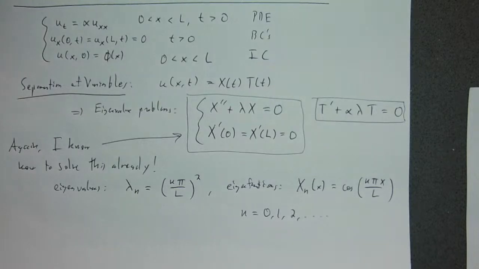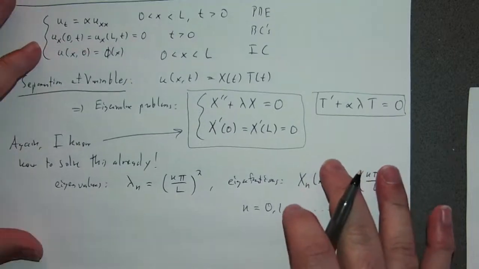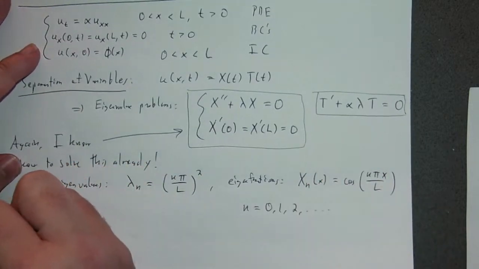When 0 is an eigenvalue, the associated temporal eigenfunction is going to be a constant, right?